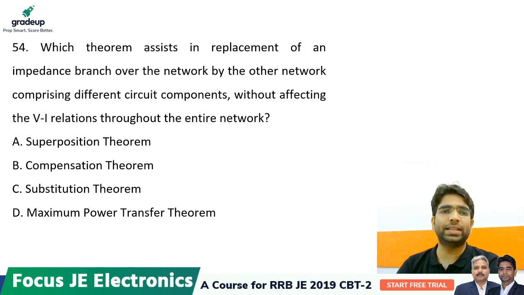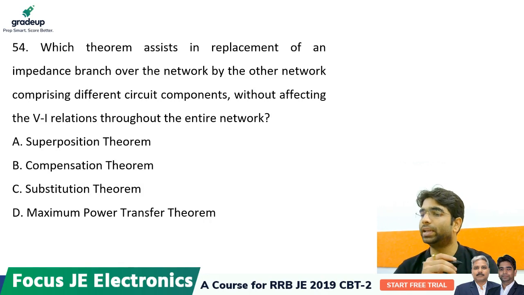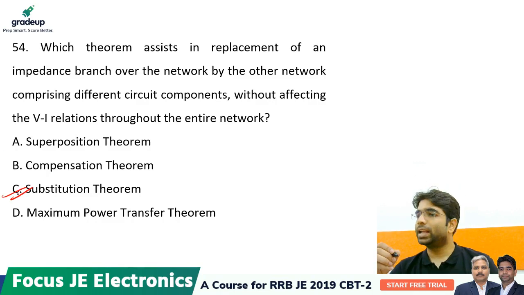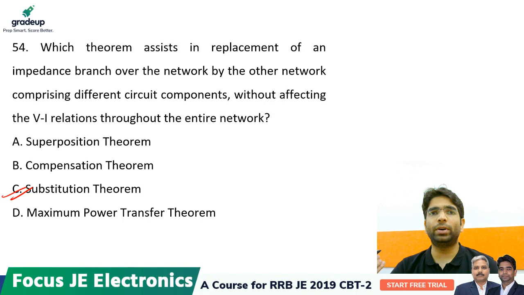Which theorem assists in replacement of an impedance branch over the network by some other network without affecting the VI relationship of the entire graph? Substitution theorem. You can replace any element in a network by any other element as long as the VI characteristics are maintained.